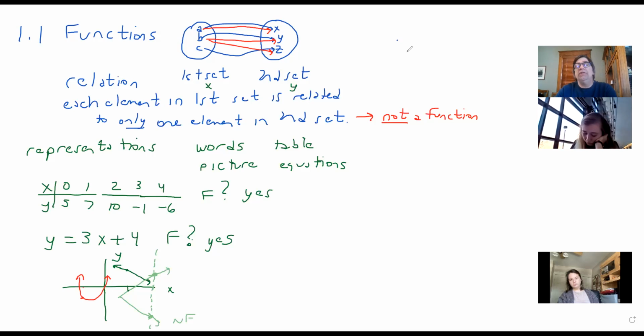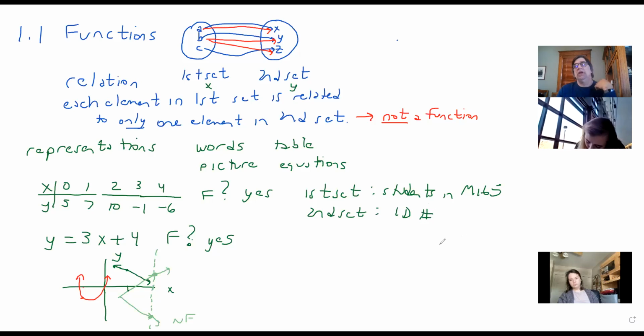Okay, and then in words, you can just describe the first set and describe the second set. So let's say the first set is everybody in class, and the second set is going to be your ID number. I would ask you, would that be a functional relationship between those two sets?